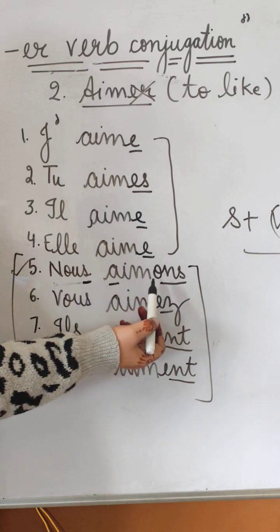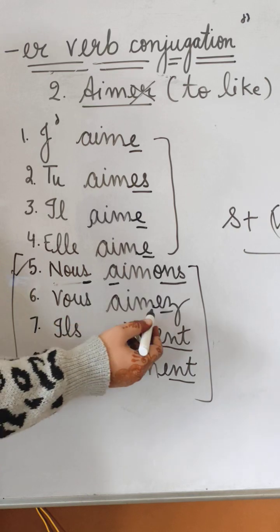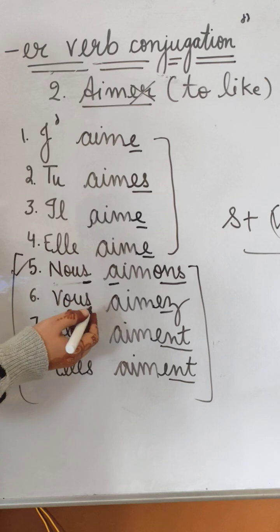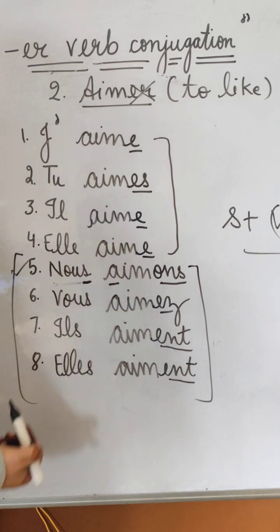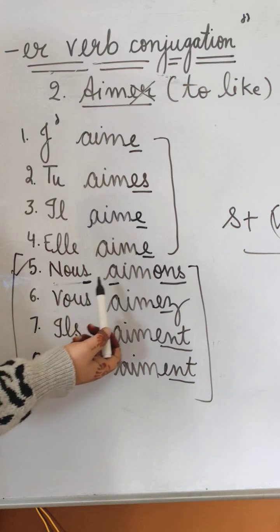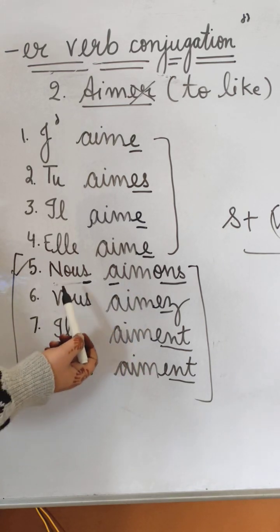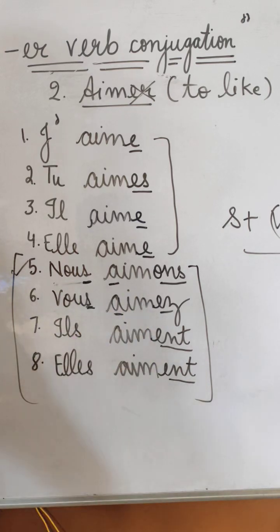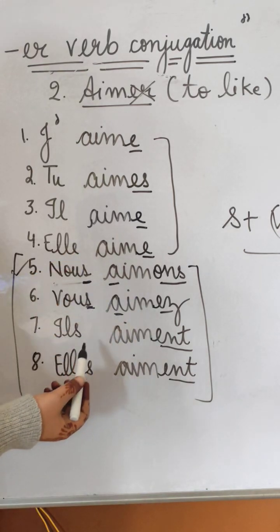Nous zaimons, together. If I pronounce this separately, vous and aimez. But vous is ending with s and aimez is starting with a vowel. So separately it is vous, aimez, you like. And together, vous zaimez, because one is ending with s and the following one is starting with a vowel. So keep this in mind while pronouncing.